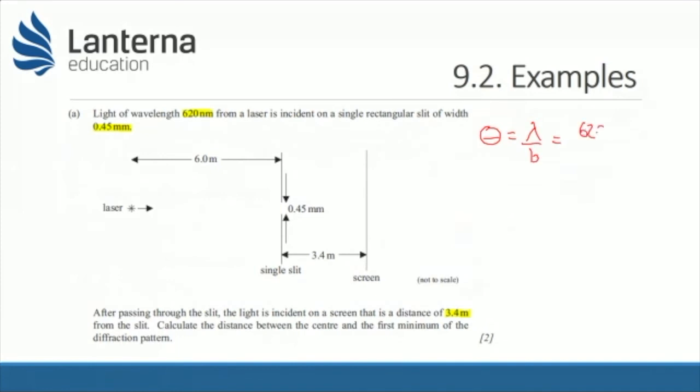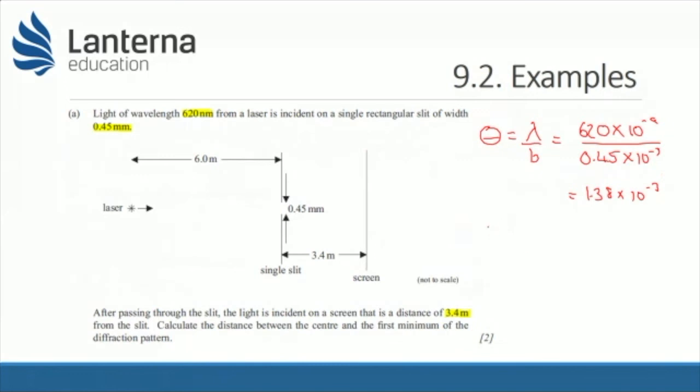So it's going to be 620 times 10 to the minus 9 over 0.45 times 10 to the minus 3. And that's going to equal 1.38 times 10 to the minus 3. It's really, really tiny. I'm just going to do sine of it because I can, and I get pretty much the exact same answer, to 6 decimal places.